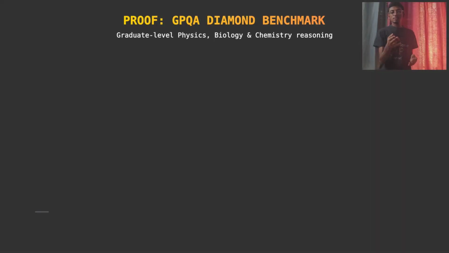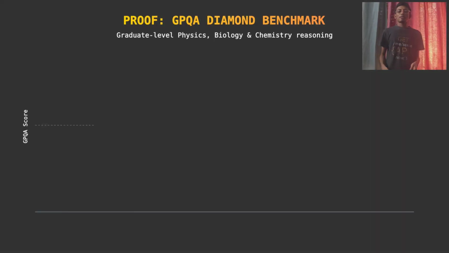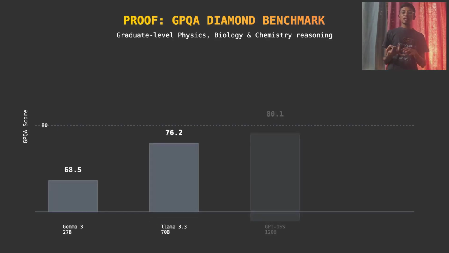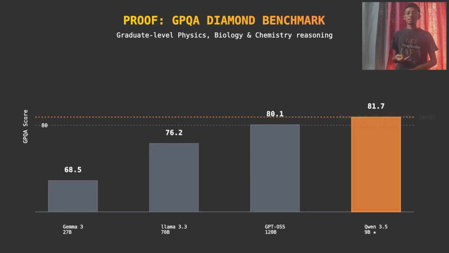And for those benchmark folks out there, there's a benchmark that proves it all. The GPQA Diamond, graduate level reasoning in physics, biology and chemistry, is not a chatbot quiz. It's a proper benchmark on which you can test your model's intelligence. Qwen 3.5 9 billion scores 81.7, beating open source models more than 10 times its size, like GPT-OSS 120B and Llama 3.3 70 billion.